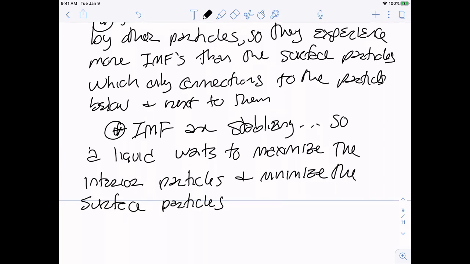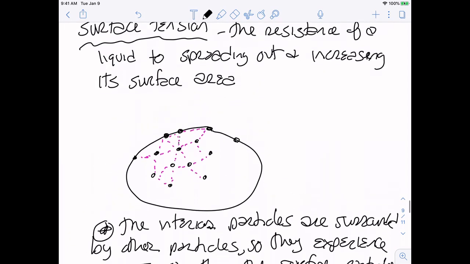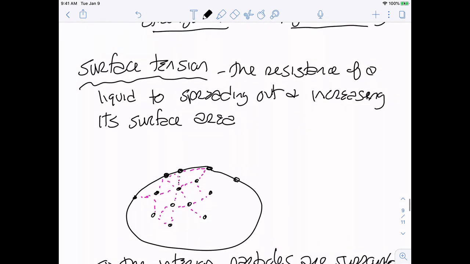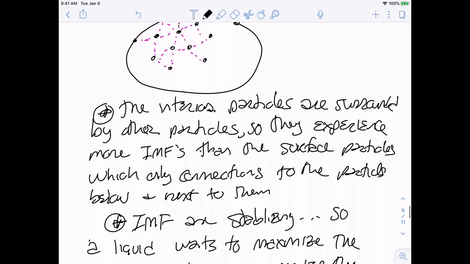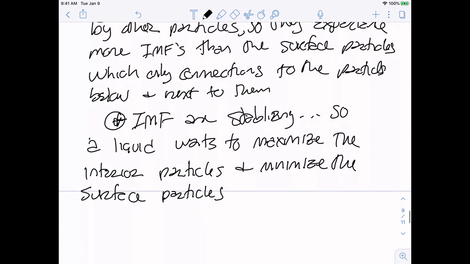And that is our surface tension, right? We go back up to our original definition, the resistance of a liquid to spreading out and increasing its surface area. The reason it wants to do that is it wants more interior molecules and less surface molecules, because the interior ones are more stable because they experience more intermolecular forces.